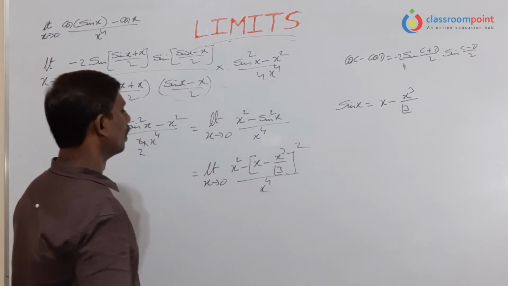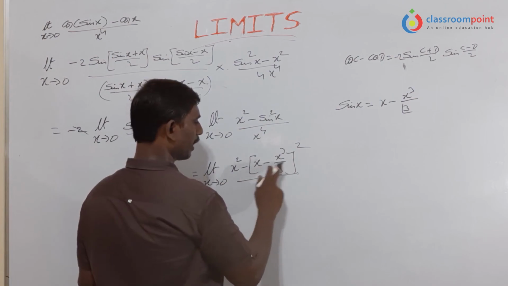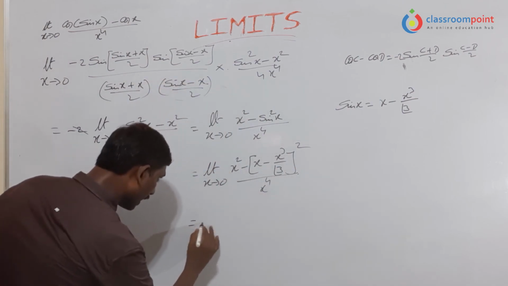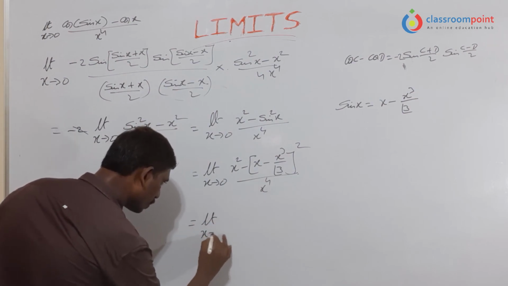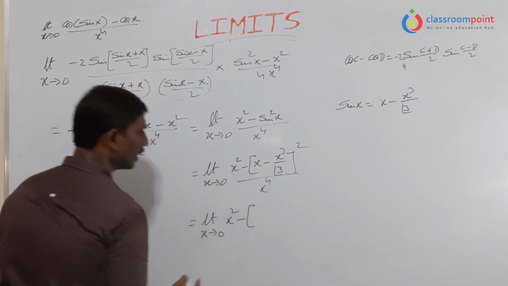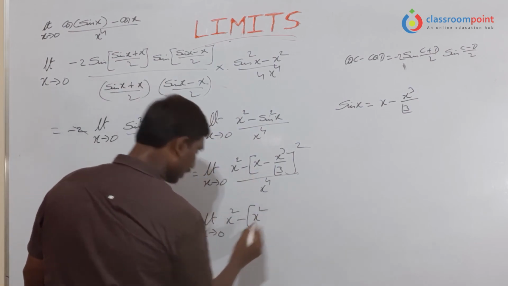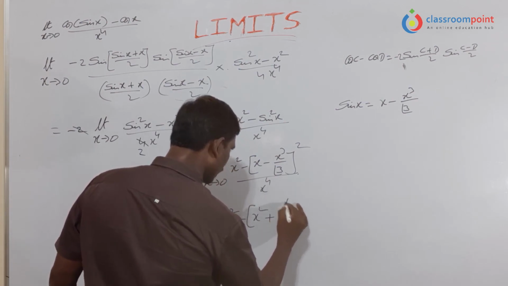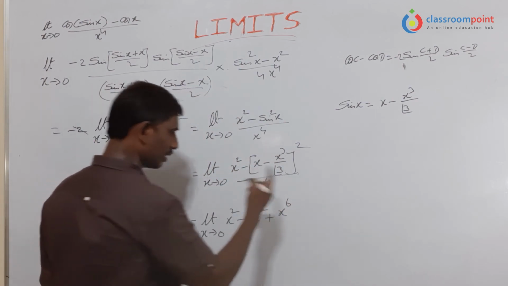Okay. Now (a minus b) whole square. Then what we get: limit x tends to 0, x square as it is, minus a square, that means x square, b square, that means x power 6, 3 factorial means 6, square means 36.